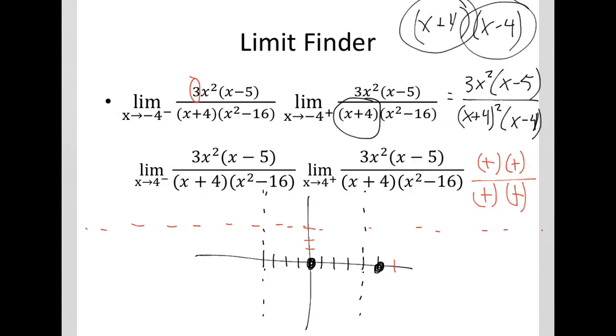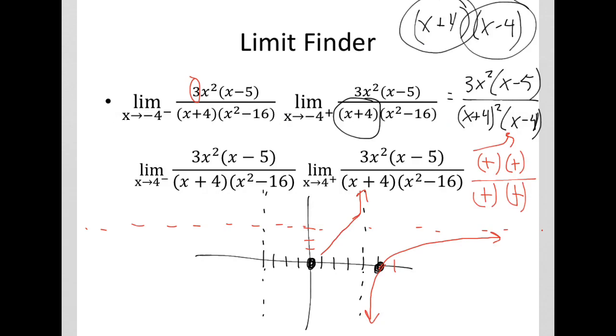I know, since I'm positive to the right, that my function has to be coming up like that, so that's going to go down. The x value of positive 4 is coming from that factor, and the multiplicity there is 1, so that tells me that this branch has to be up here.